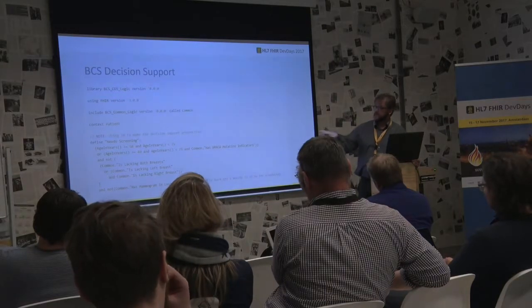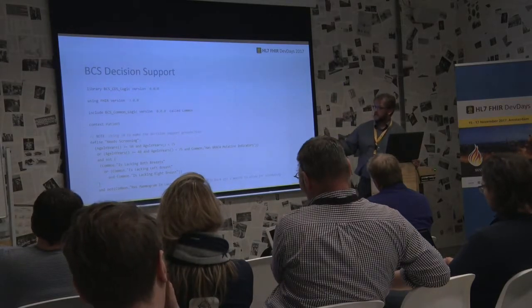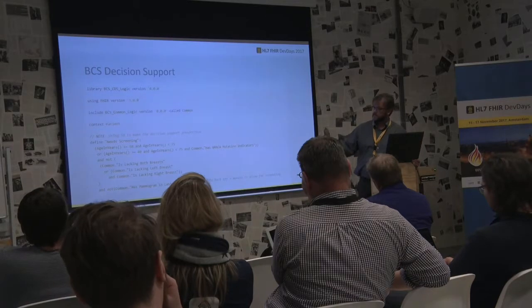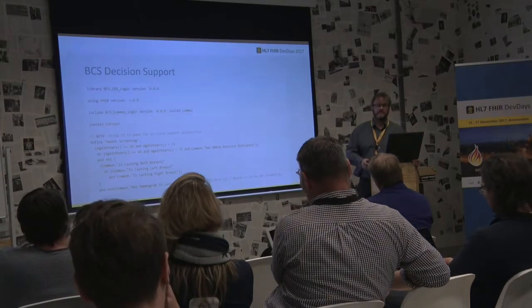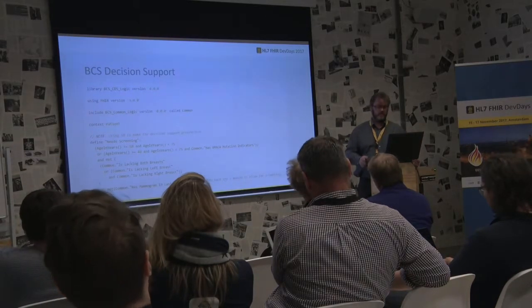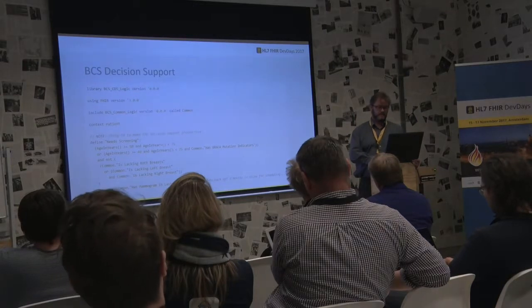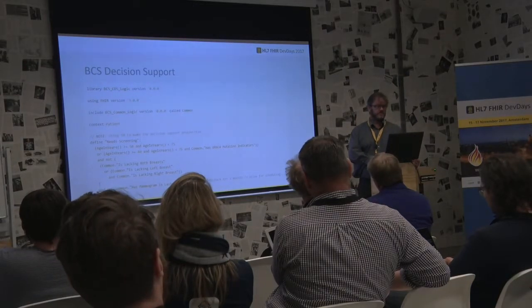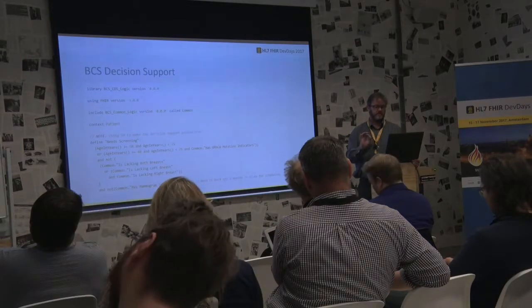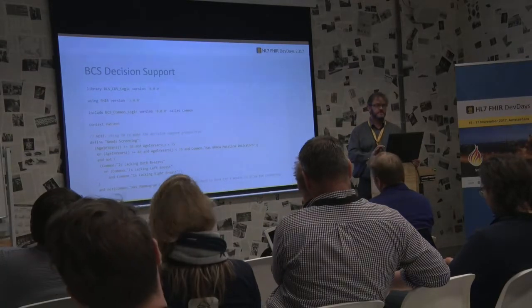And then we can use the same exclusion criteria, and we can use the same screening criteria. So we're able to take the logic from the quality measure and actually use it in a decision support artifact.